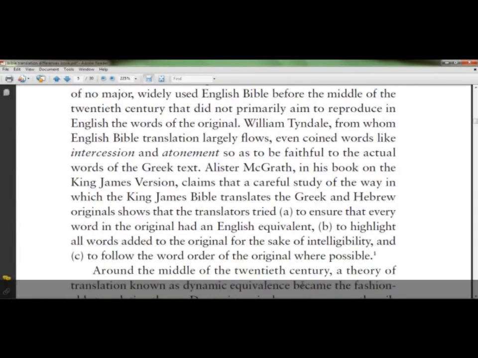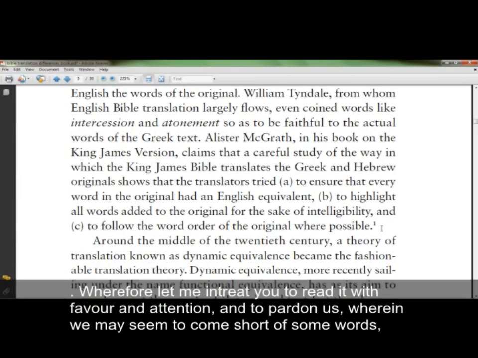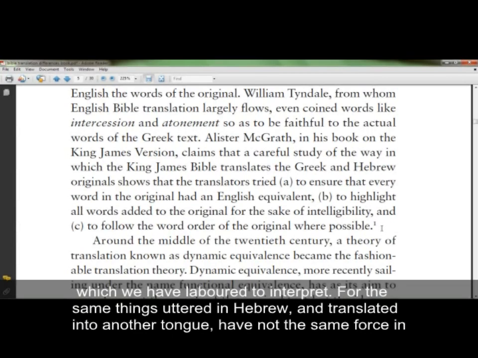Alister McGrath, in his book on the King James Version, claims that a careful study of the way in which the King James Bible translates the Greek and Hebrew originals shows that the translators tried to ensure that every word in the original had an English equivalent, to highlight all words added to the original for the sake of intelligibility, and to follow the word order of the original where possible. So that's what these translators were trying to accomplish, to stick word for word without changing the meaning of the translation. All right.